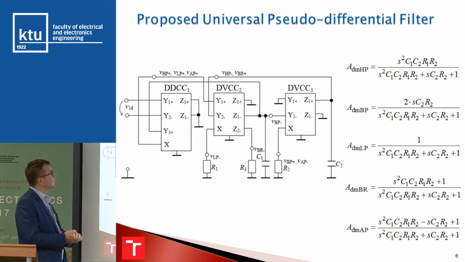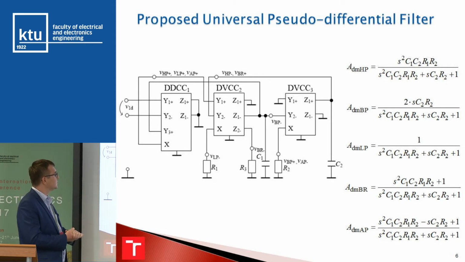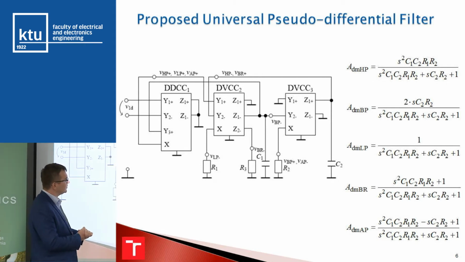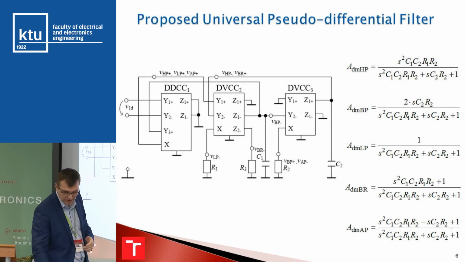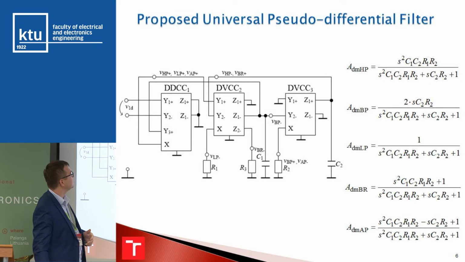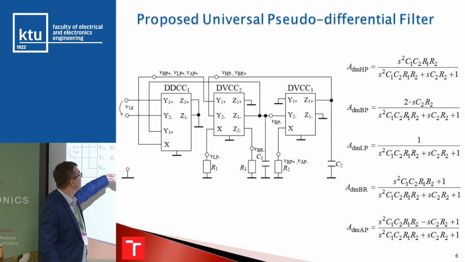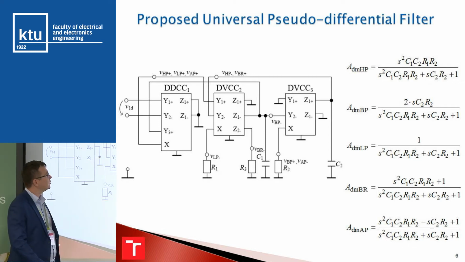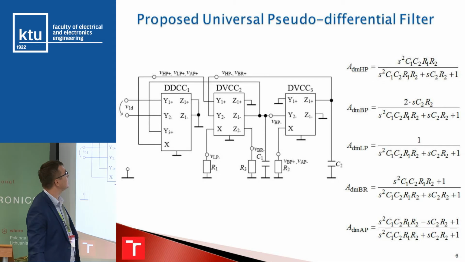In this case, we obtain all the basic 5, from the high pass to the all pass of the second order. This is what the theory says, that it should work like that without any problem, and really we can just apply differential voltage here, and from a selected pair of the output nodes we can obtain the required differential voltage response.